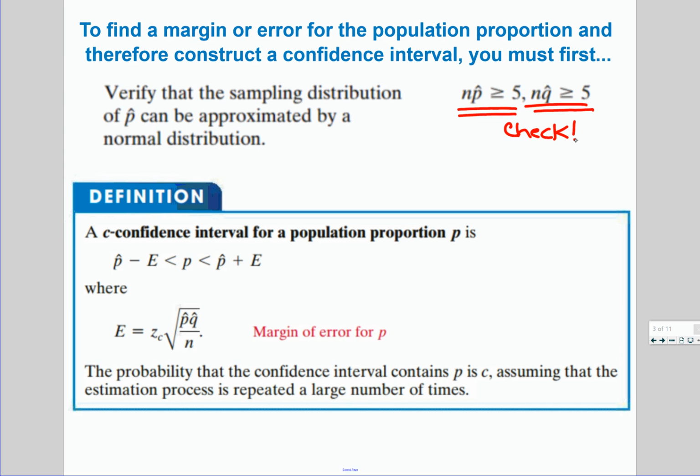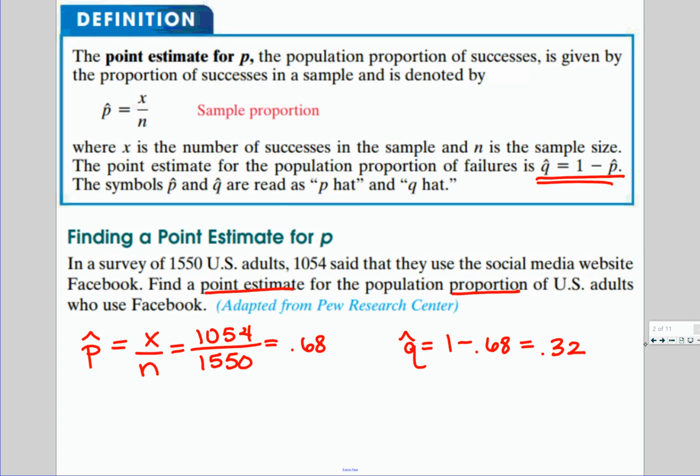Okay, so I'm going to go back to the previous slide. We're just essentially making sure that our data is big enough and our percentages are large enough. So if I do N times P hat, it would be 1,550 times 0.68. N times Q hat, 1,550 times 0.32. And as long as these numbers are bigger than 5, we can represent this with a normal distribution, which means we can do all of the testing we want to do in a minute here.